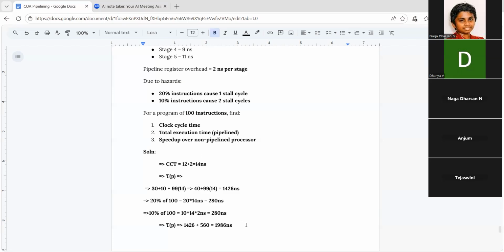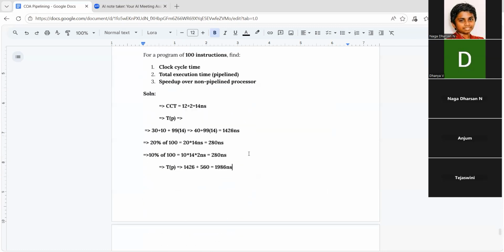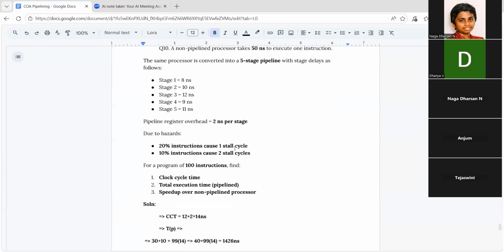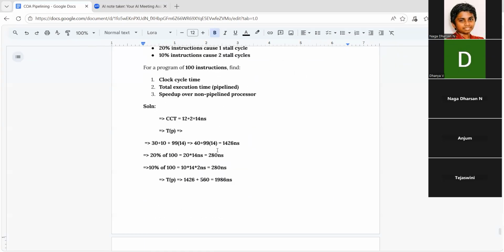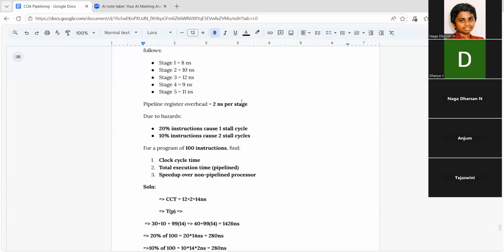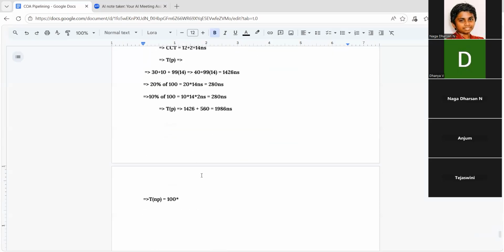Now, since they have asked for speedup, we need to calculate the time of the non-pipeline processor. For this, we use the first line of the question. The time of the non-pipeline processor would be n into the total time. What is n? Here we should not include the delay time, only the pipeline stage times, and the sum of these would be 30, which gives 3000 nanoseconds.